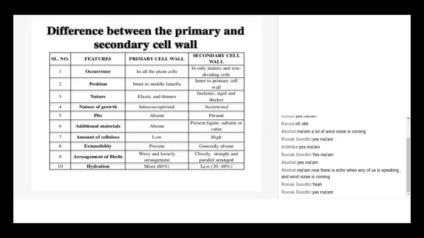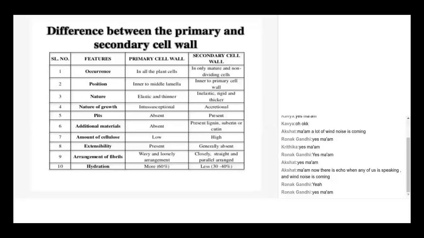So here, when you see the primary cell wall function, the primary cell wall is always permeable. Means it will allow all the materials which are outside the cell into the cell. That is the main use of the primary cell wall. But the secondary cell wall is totally impermeable.